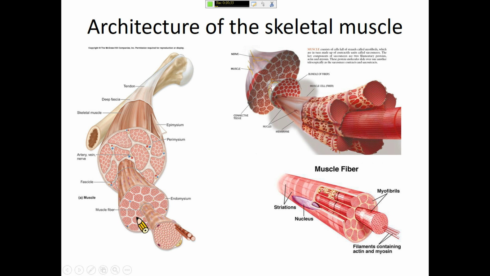So as you can imagine, when the signal arrives, hundreds of muscle fibers working together, of course, produce very big force, very large power. But it's not going to be that accurate, that precise, that quick.